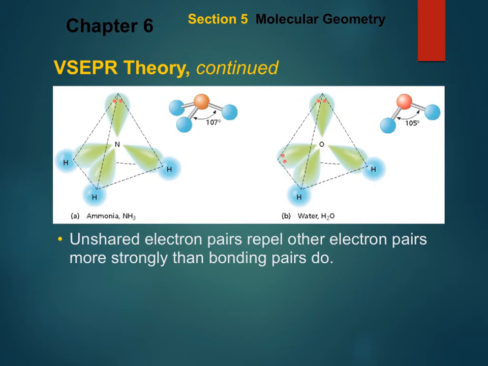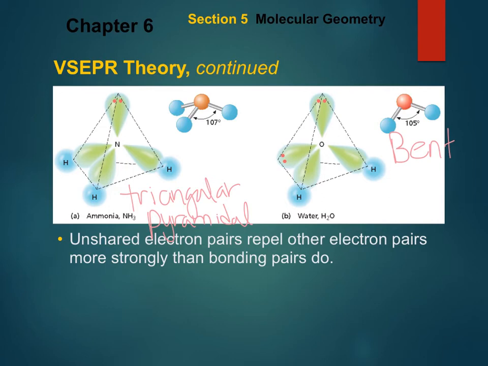Now water, on your right here, has two hydrogens, and it has two electron pairs that again take up space. So you're starting with a tetrahedral family. It looks very much like NH3, but the bond angle will change slightly, and this one on your right is called bent. This one is trigonal pyramidal.